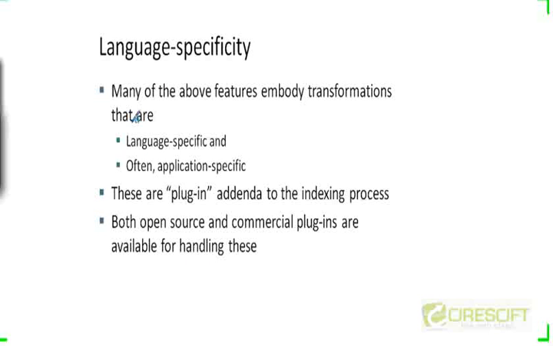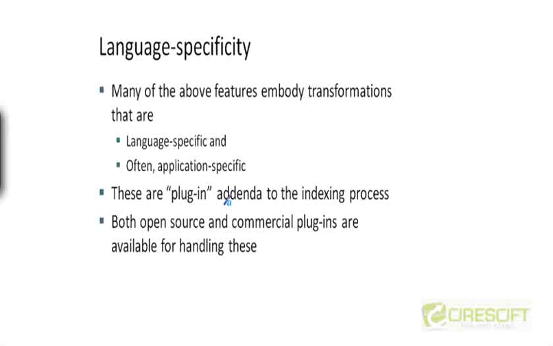So you can see that the various normalizations that we have discussed are language specific, and many times they may be application specific. If you're dealing only with, say, the health domain, then you could use certain ways of normalization which you wouldn't use for English in general.